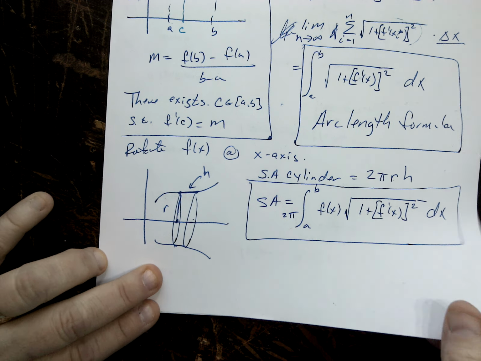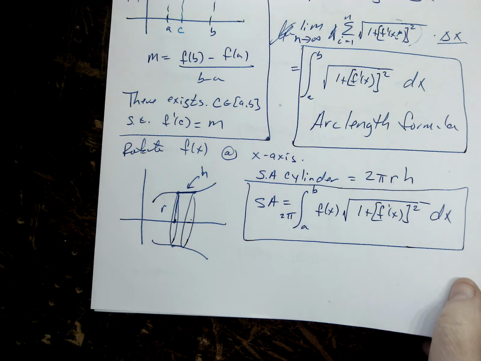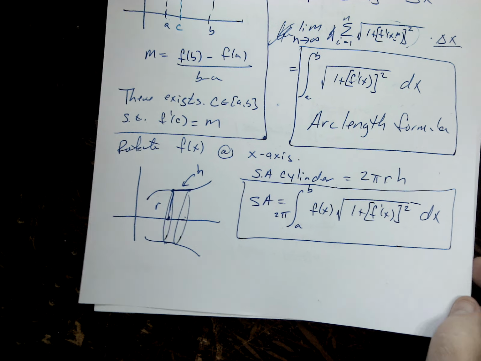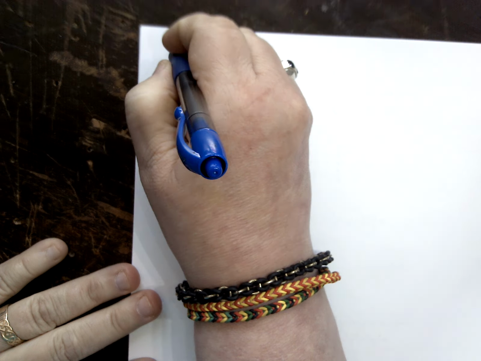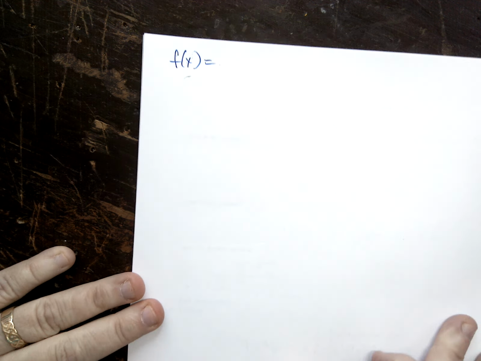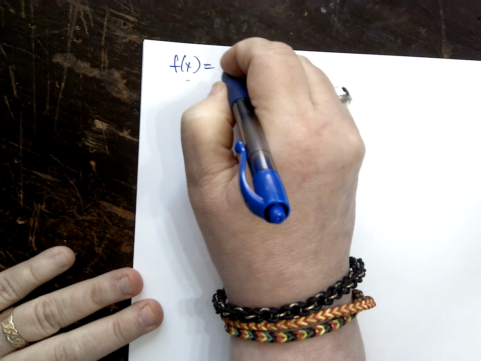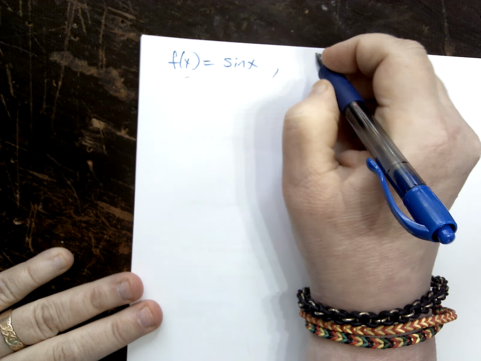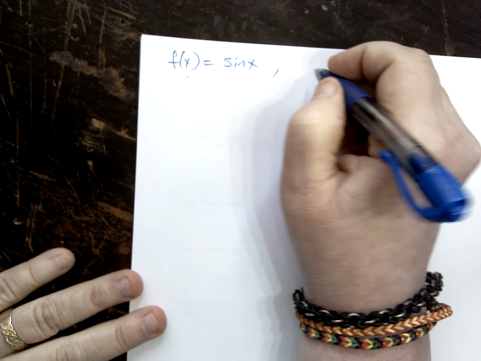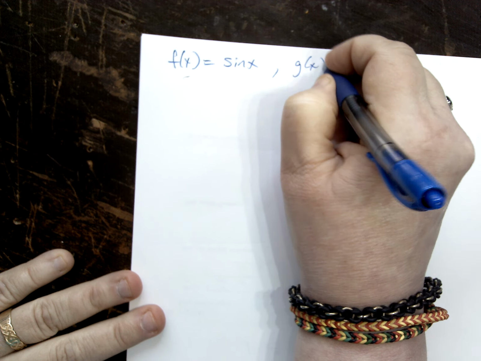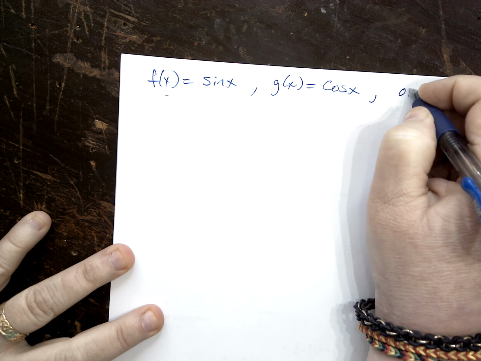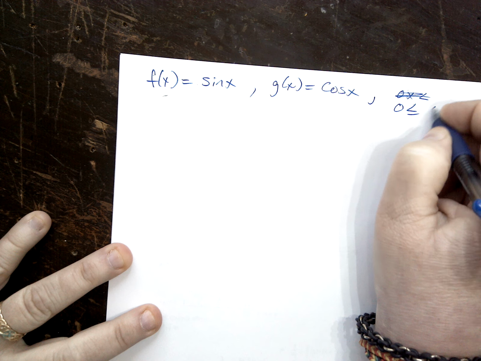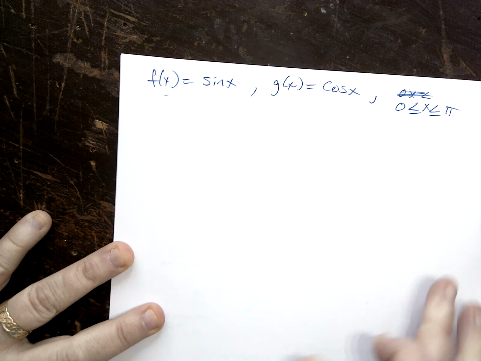So let's say I ask you a question. Typically I'm going to ask you what the surface area of something is, or what the perimeter is. So let's say I give you f of x equals sine x, and, oh, let's be silly, I want g of x to equal cosine x, and x has to be between 0 and pi.